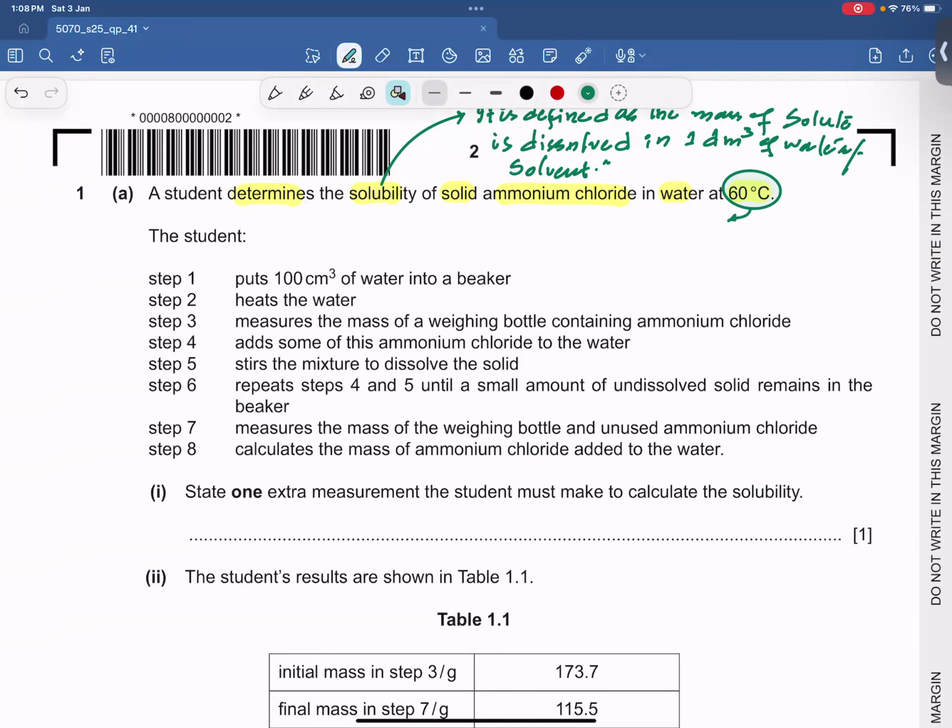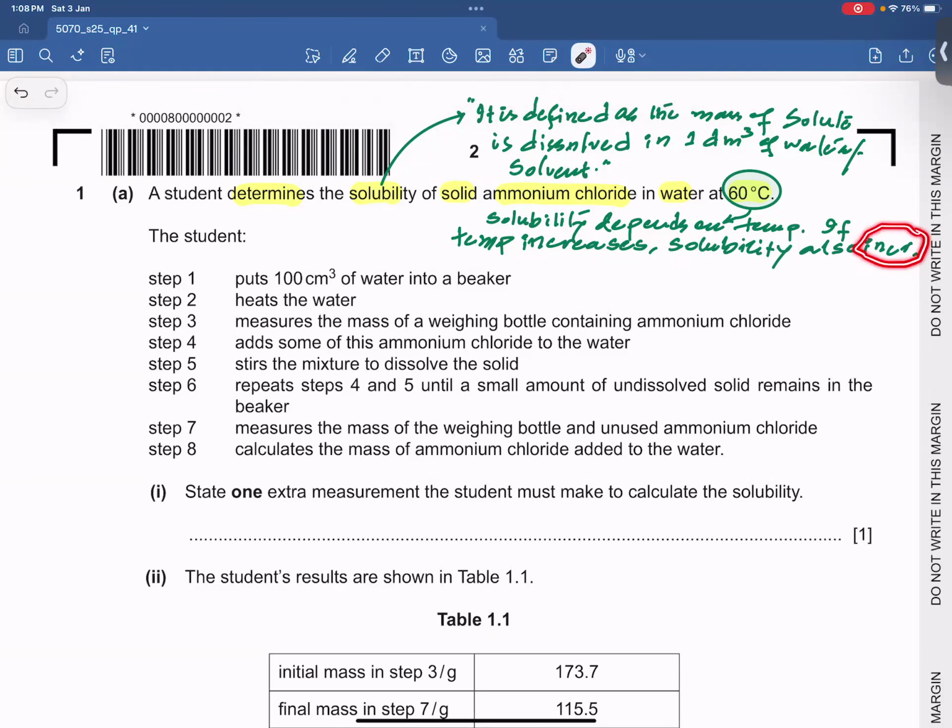If temperature increases, solubility of solute also increases. This is the short form of increases.